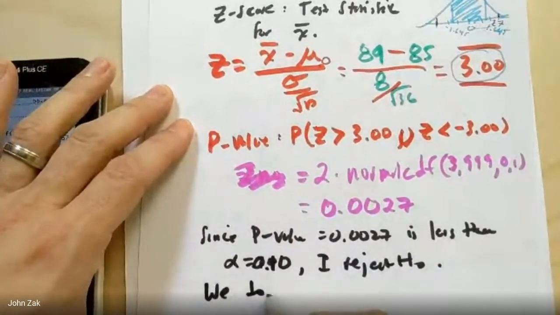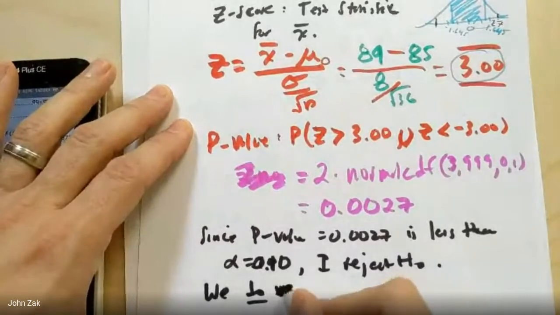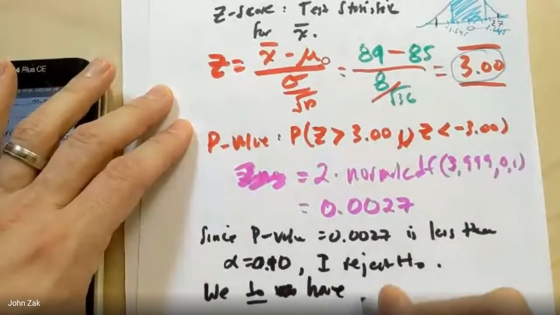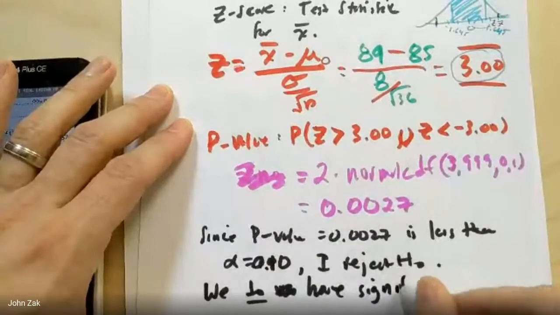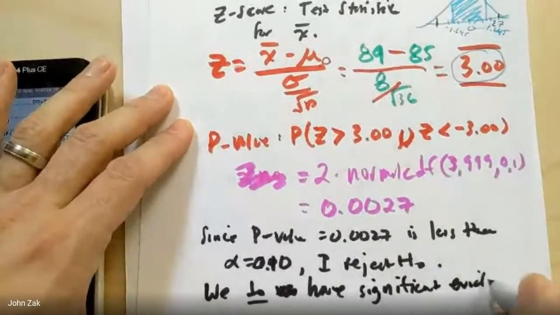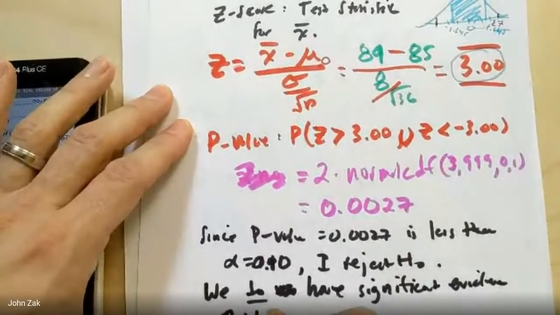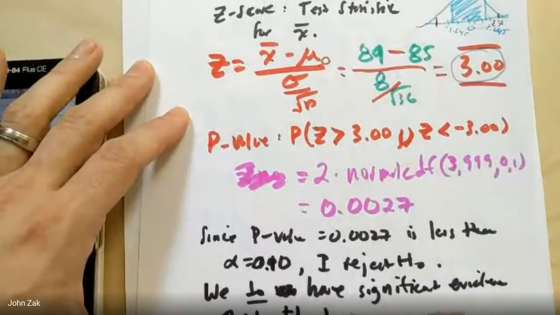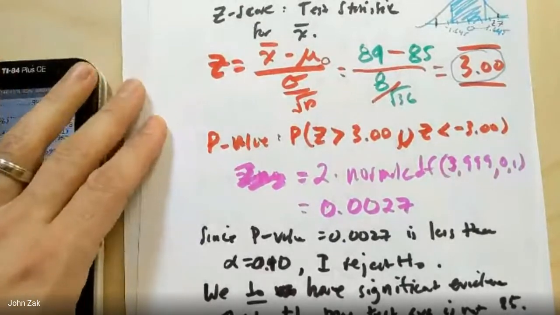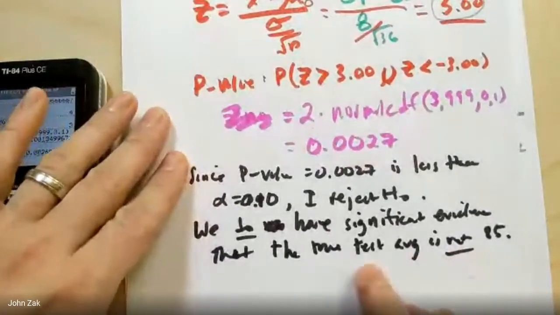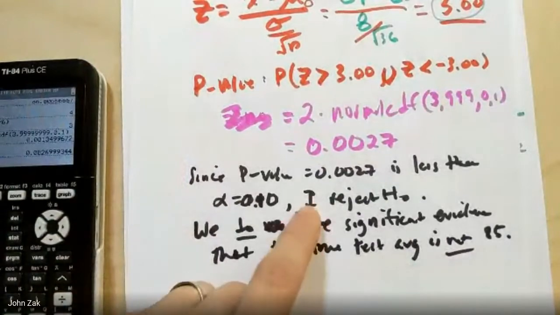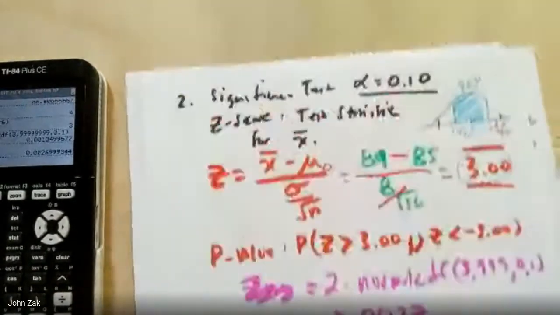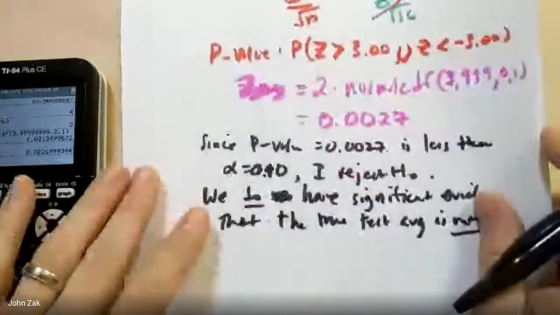We do have significant evidence that the true test average is not 85. We do have evidence that the true test average is not 85 because our p-value, very tiny, was less than our level of significance. Okay.